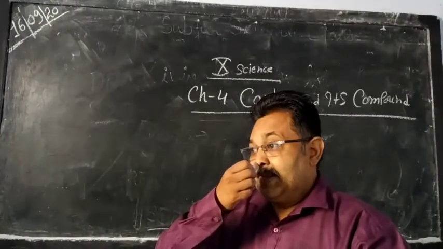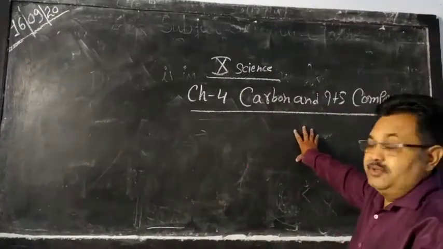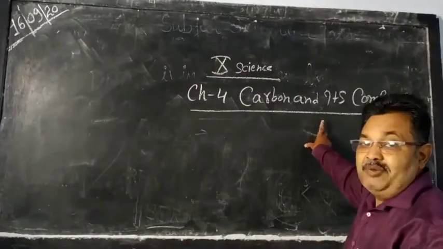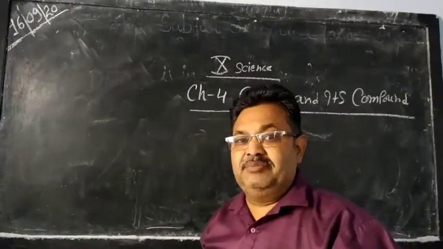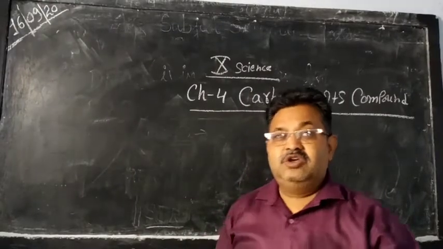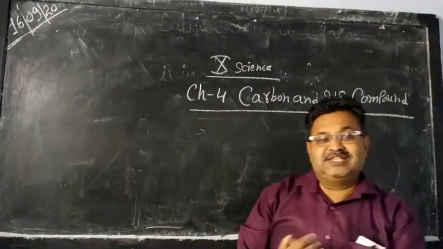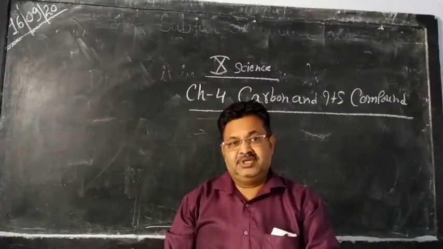Now our chapter number 4, carbon and its compounds, belongs to another branch of chemistry known as organic chemistry. So, first of all, what is organic chemistry?